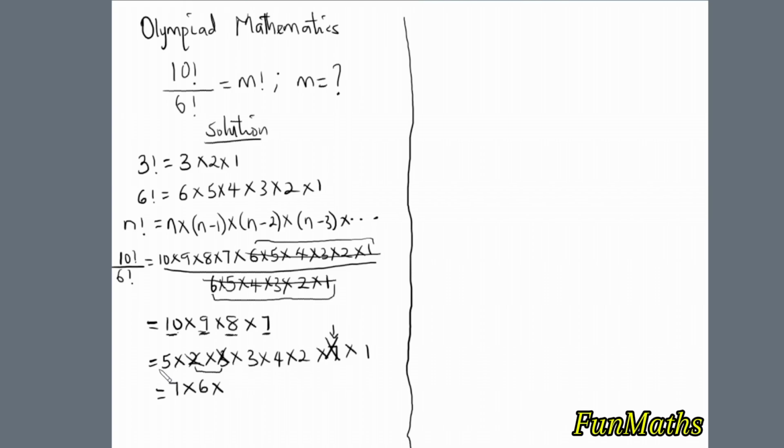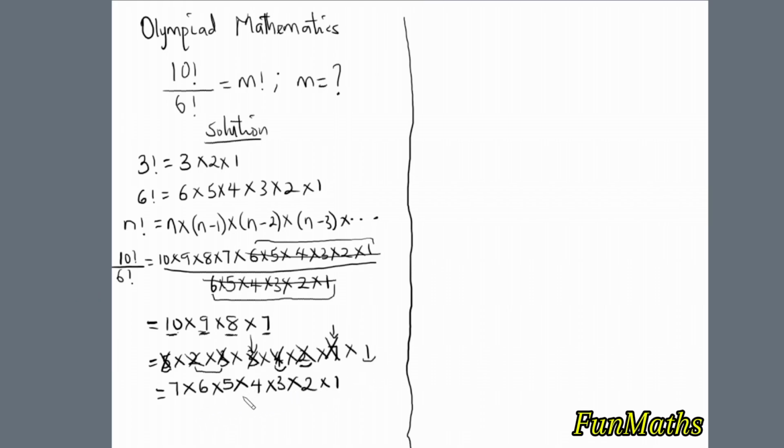The next number should be 5, which we already have here. So 7 times 6 times 5 times, well, we already have 4 here, times 4. I'm going to cancel out 5 and also cancel out 4. The next number should be 3, which is here. So I'm going to write 3, I've cancelled that out, times 2 is here, and then times 1, which doesn't change anything.